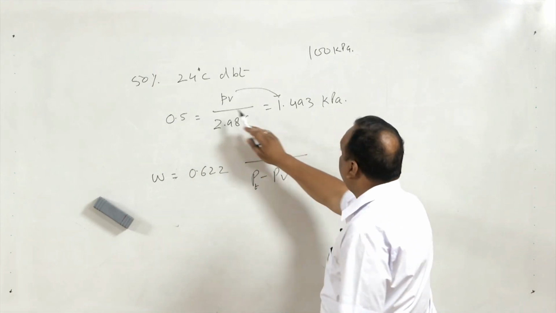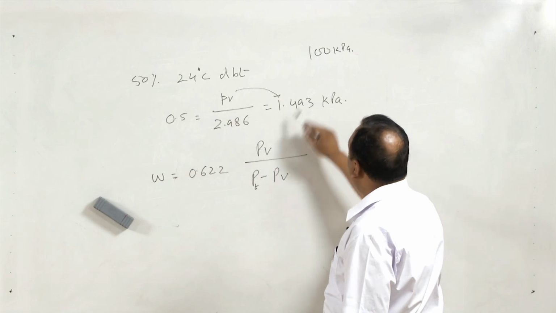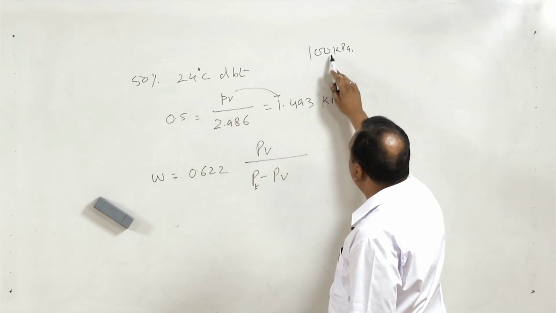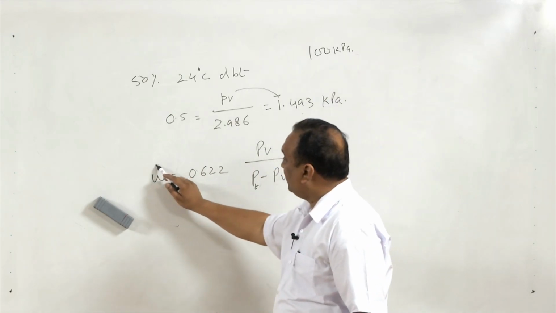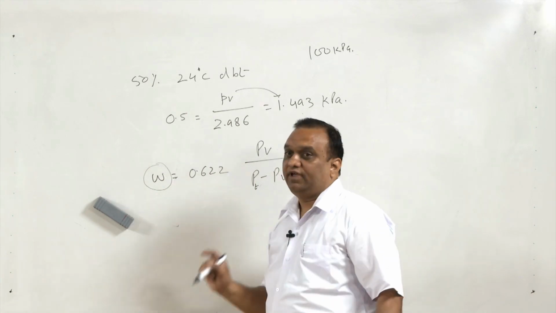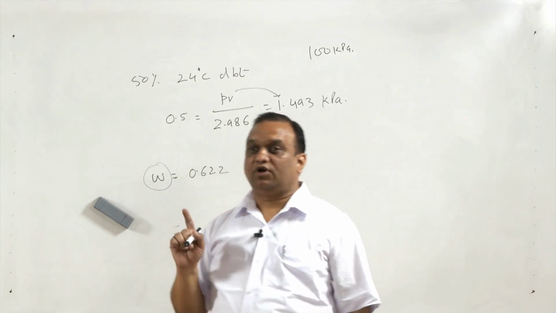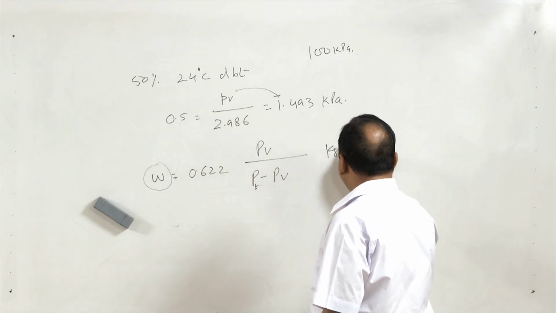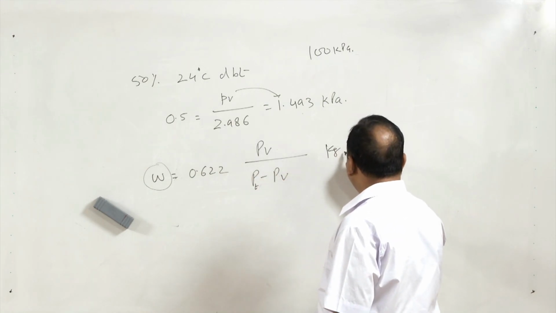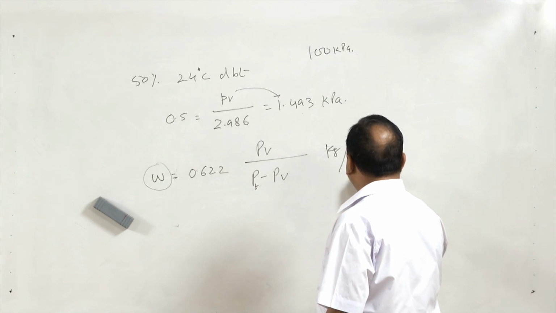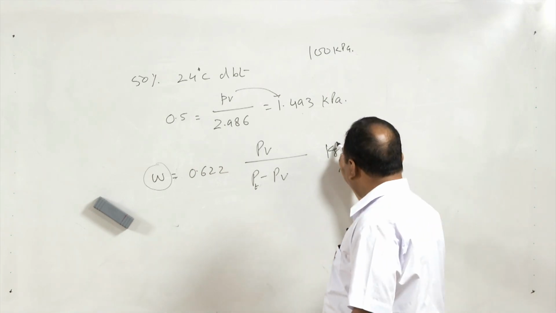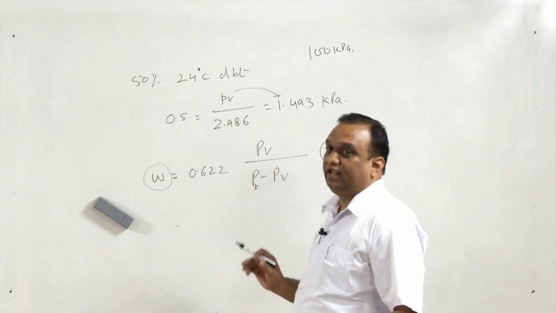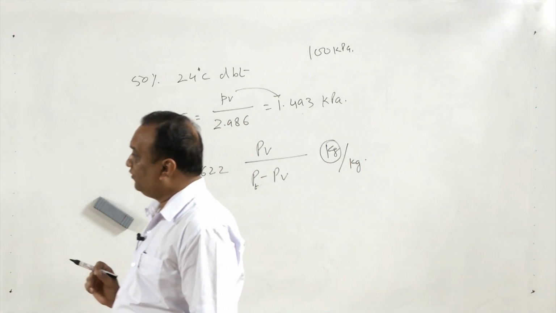PV we have got from here. Now, we will be putting the value of PV here, total pressure is known to us. We can find the kilograms of water associated with per kg of dry air, because the unit is kg of water per kg of dry air. So, we will get how much water is associated with per kg of dry air.